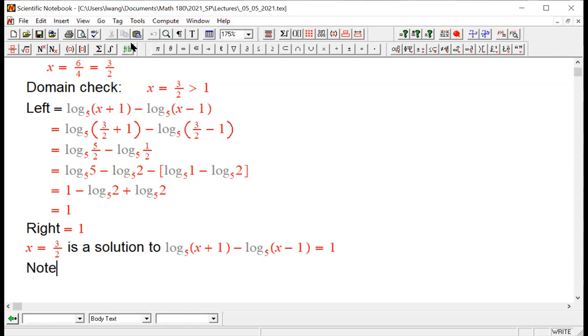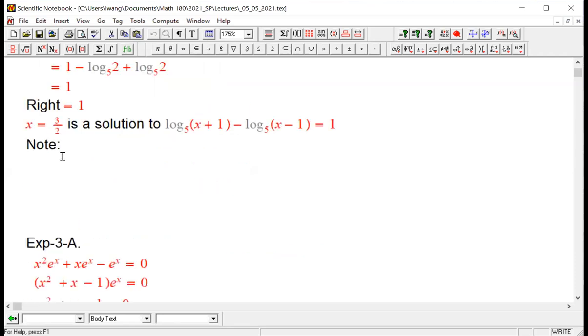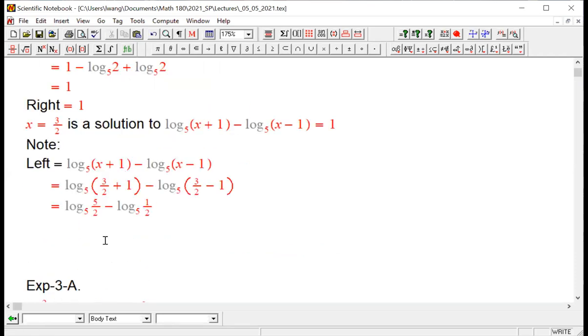On the other hand, when we check from here, you could make it into a quotient like this, if you want. But I feel this will end up with a complex fraction, so it's 5/2 over 1/2.